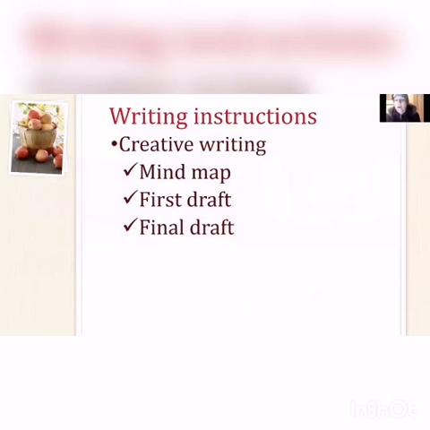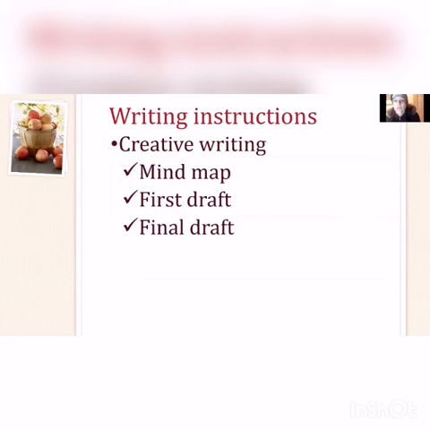Right. When we write, there's three things we always need to do. The first thing, we have to have a mind map. We have to have a first draft, and we have to have a final draft. In the mind map, we just gather all our thoughts together so that we know what we're going to write about in the first draft.